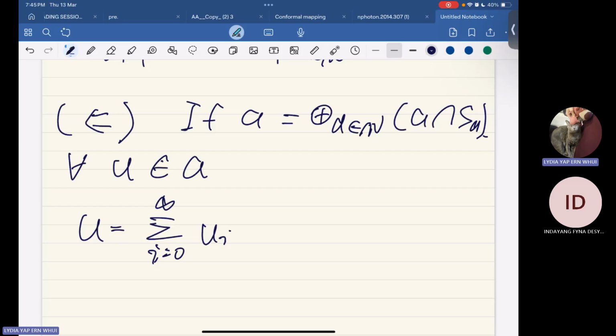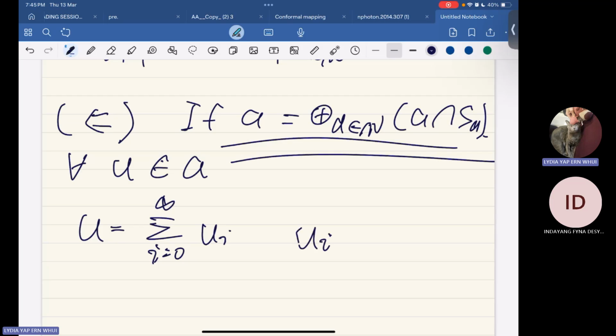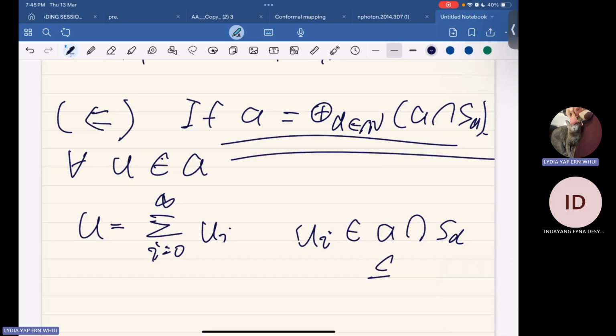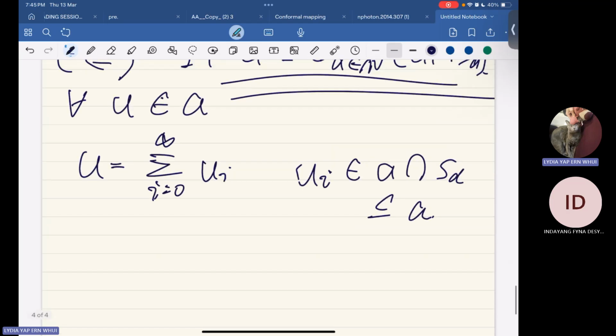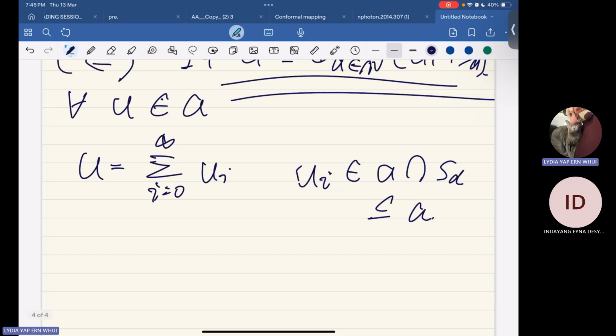And since A is equal to this direct sum, by the definition of a direct sum, this u_i lives in the intersection A intersect S_d, which is a subset of A. So all u_i live in A, which means all of its homogeneous components live in this ideal. And by our definition, this is a graded ideal.